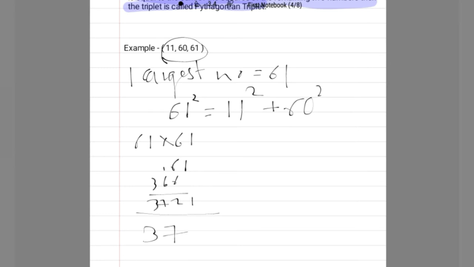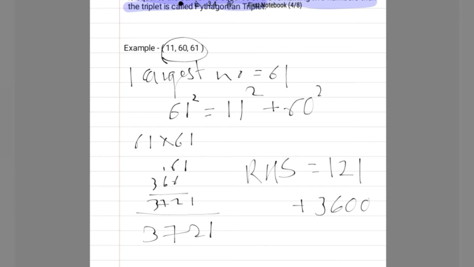And on the right hand side, 11 square is 121, right? And 60 square is plus 3600.